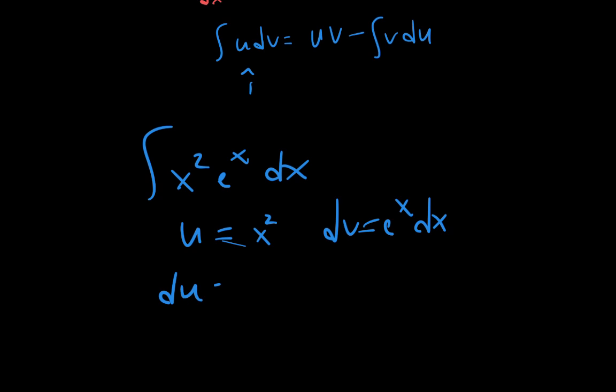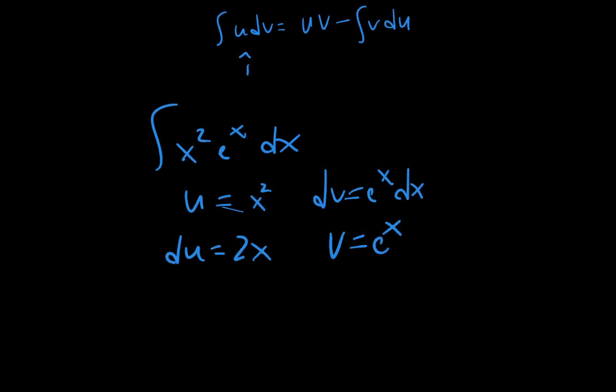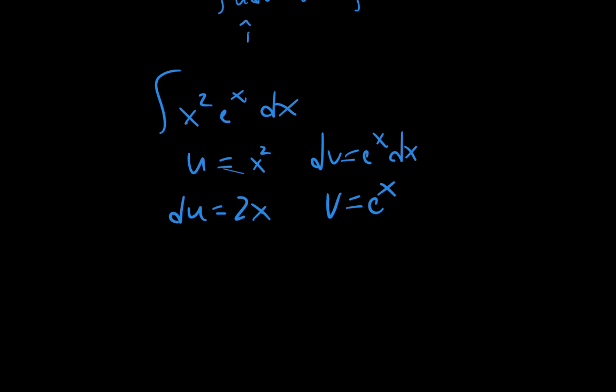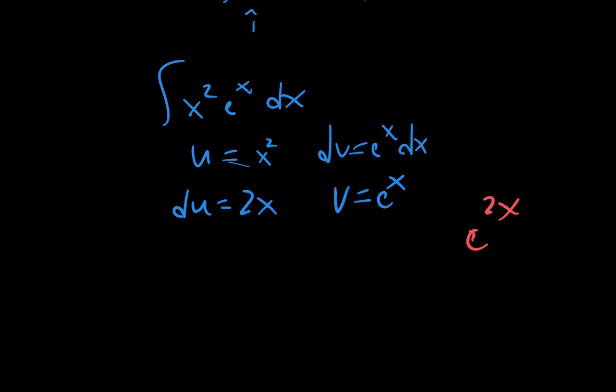Then du is equal to 2x and v is equal to e to the x, because of the nice property of e to the x being its own integral and derivative. Although if the x and e to the x were changed to e to the 2x, things would definitely change.